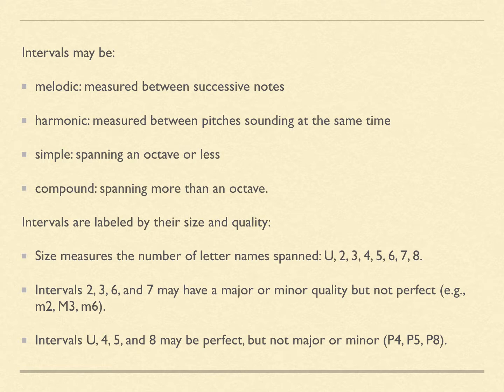Fa to ti would be a tritone. But the point of this particular slide is that those intervals, fourth, fifth, octave, unison, they don't get the designation of major or minor. They get perfect or they get something else, which we'll explain later on.